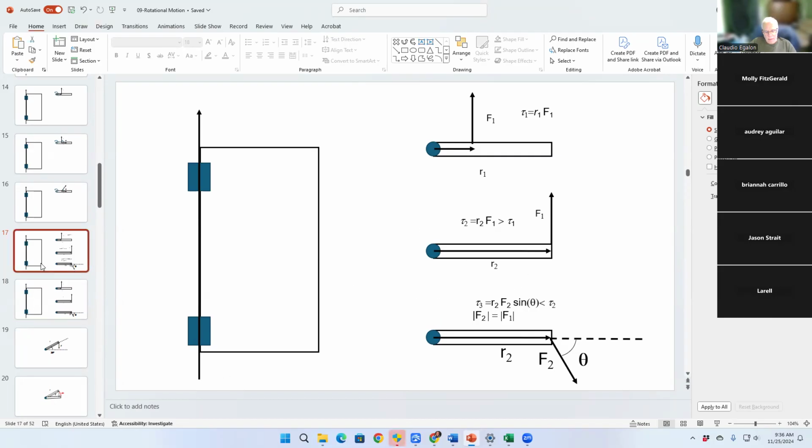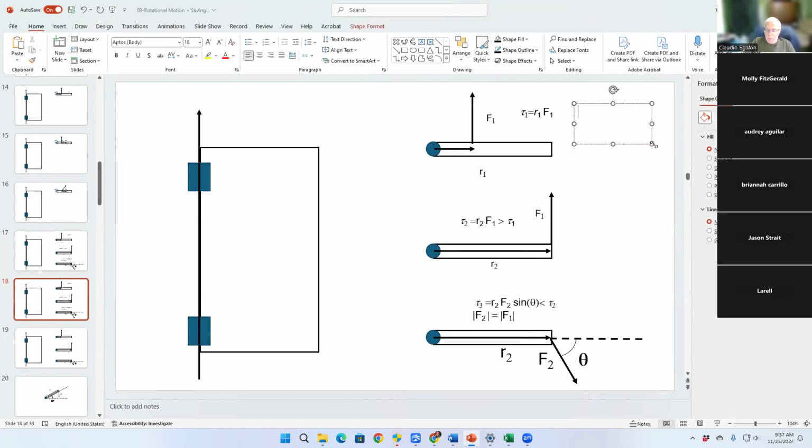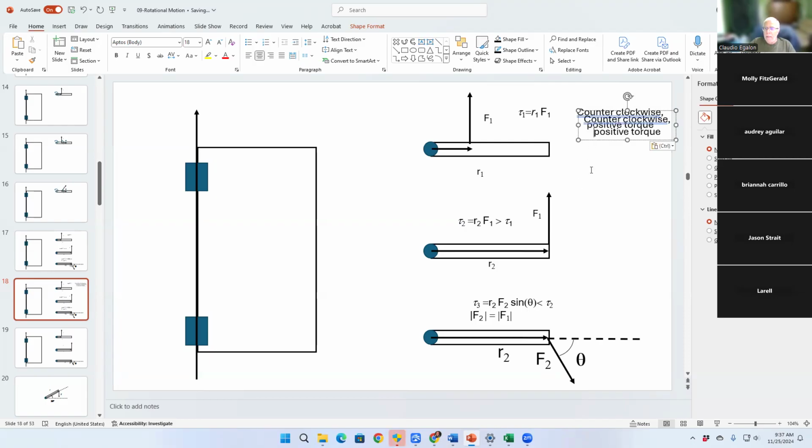Let's get another one. Counterclockwise direction. Counterclockwise torque. Counterclockwise, positive torque. Counterclockwise again.